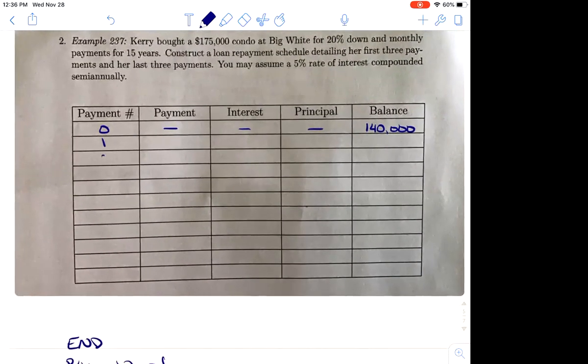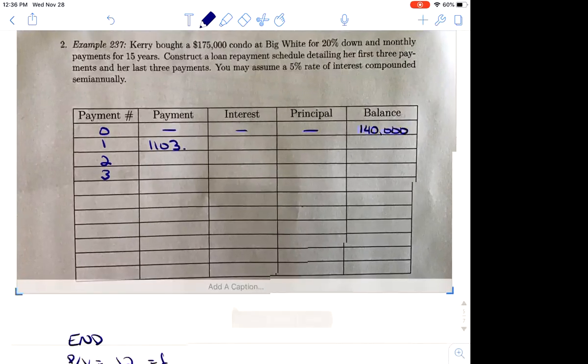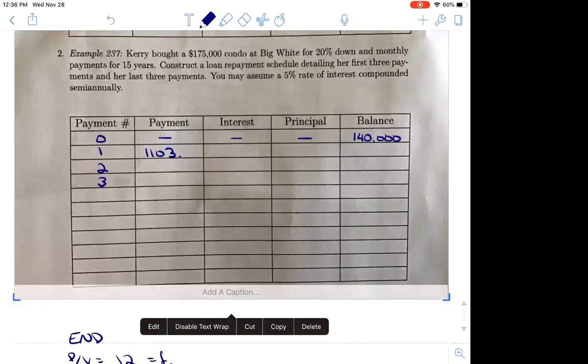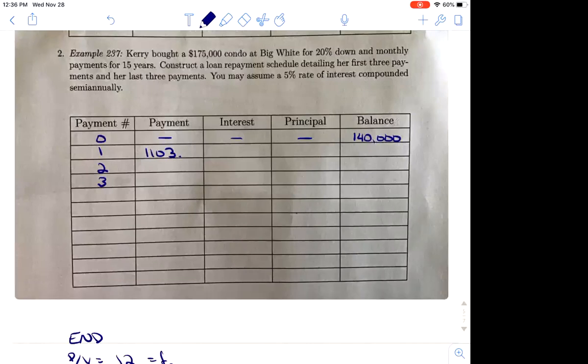First payment, second payment. Her first 3 payments, fun. 1,103.37. And that's going to be the same for all of these. And then the last 3 payments.